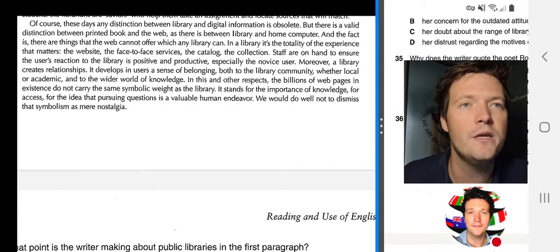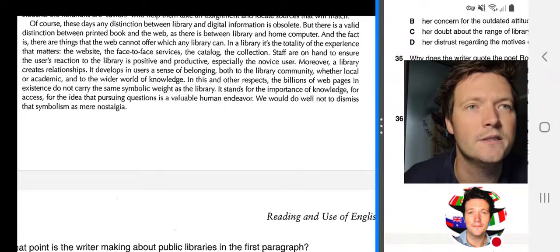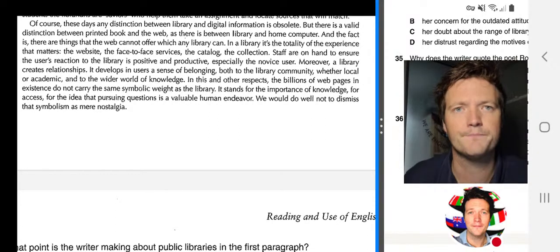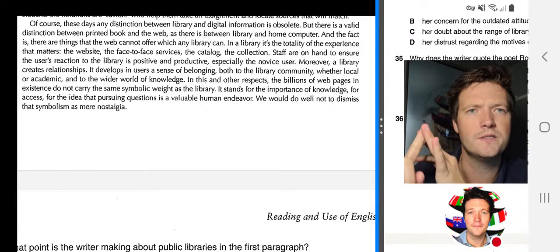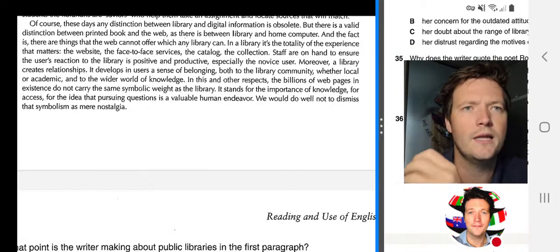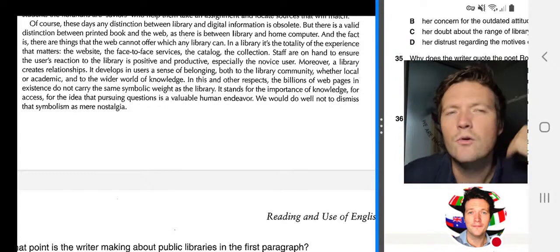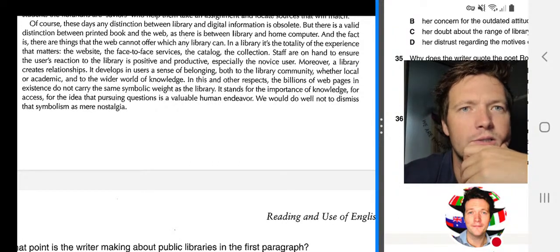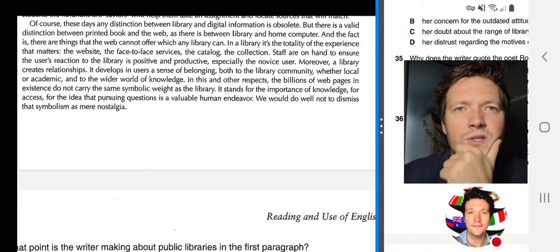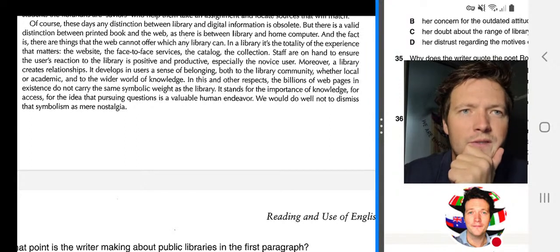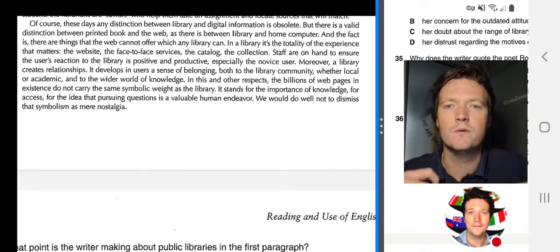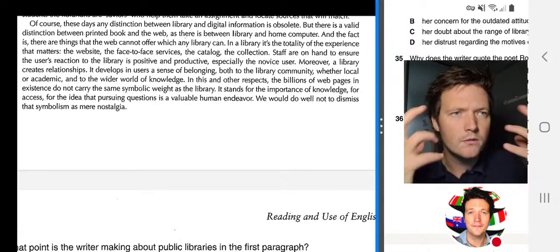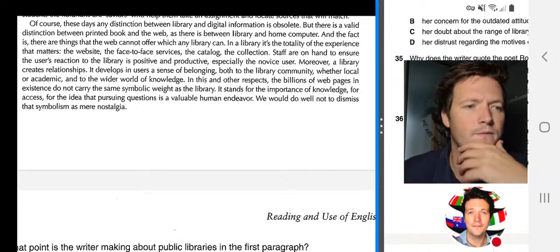In a library, it's the totality of the experience that matters. The website, the face-to-face services, the catalog, the collection. You get all of these things in a library. Staff are on hand to ensure the user's reaction to the library is positive and productive, especially the novice user. You've got people there to help you. You can become more involved, I guess.